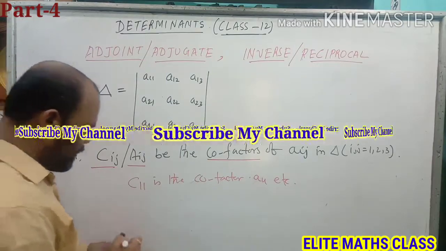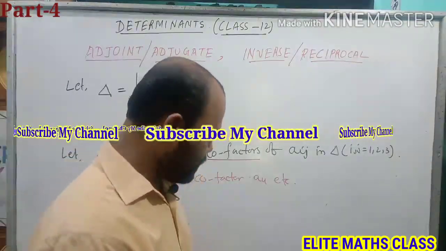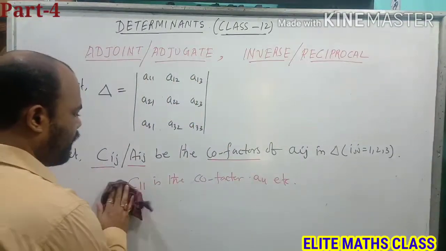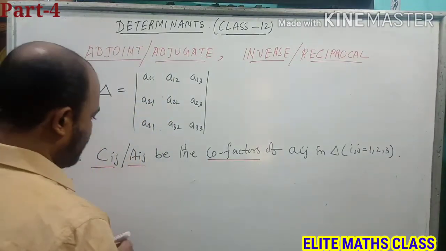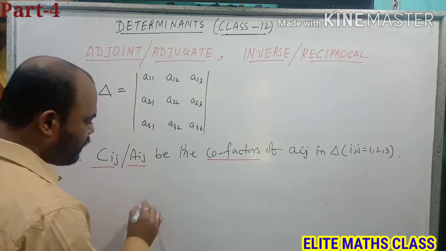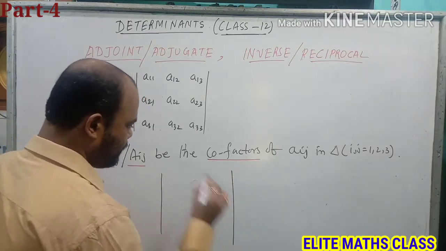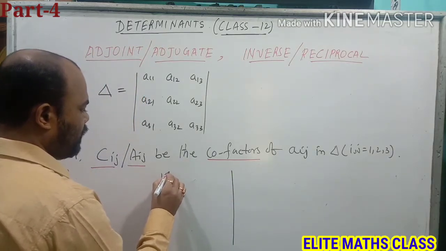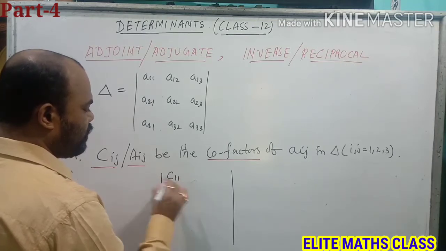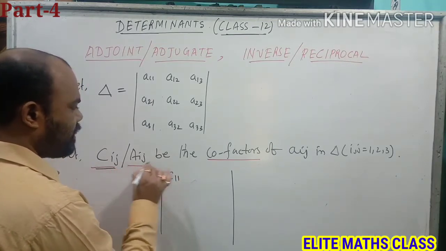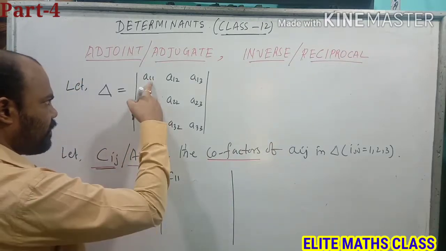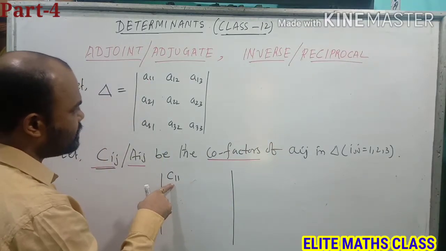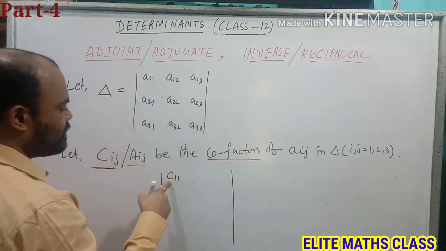Now let us form a determinant by using the cofactors of the given elements. Here I am forming a determinant. First element is C11. From the definition I have defined, C11 is the cofactor of a11, so here I have written C11, that means the cofactor of this element.